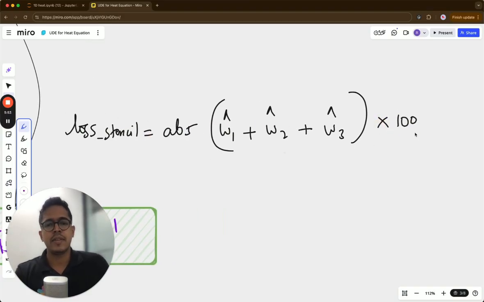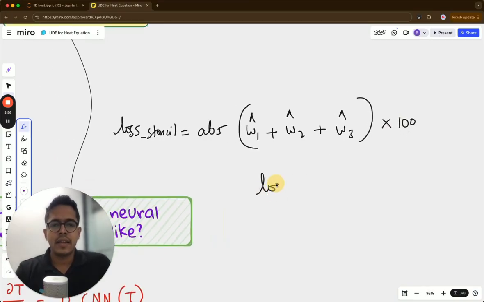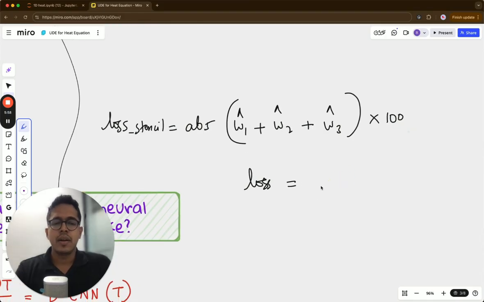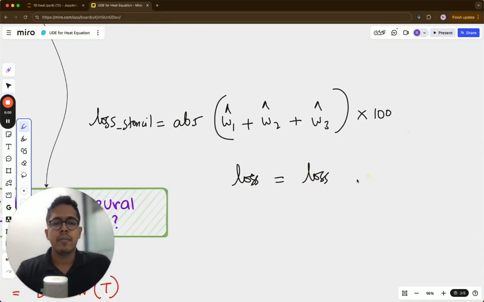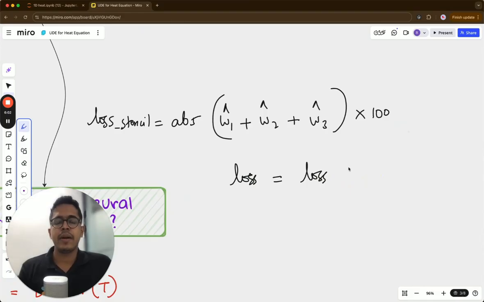We can multiply this with a large number, and then we can say total loss is equal to the loss due to normal prediction, where normal prediction loss is how far away your temperature prediction is from the real temperature in the ground truth data, plus the loss due to this stencil.